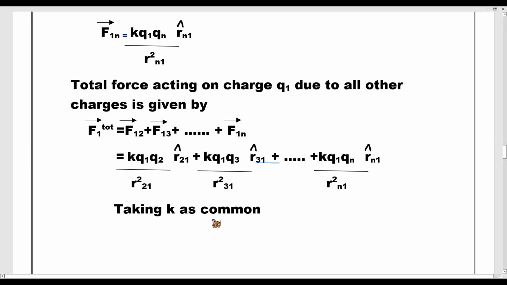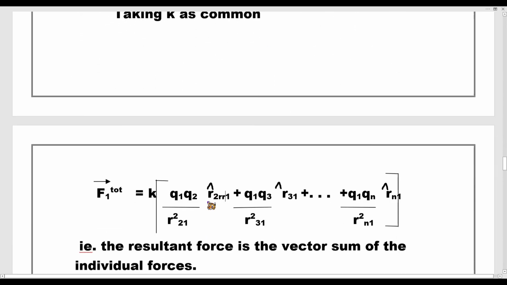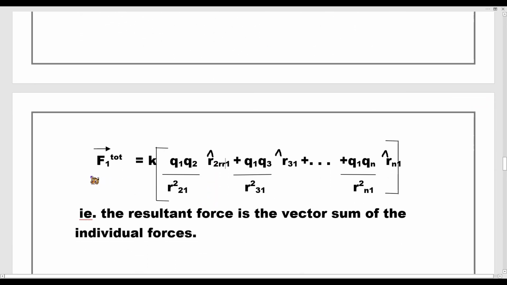Now we take K as common. So K into Q1 Q2 by R21 square R21 unit plus Q1 Q3 by R31 square R31 unit plus and so on up to Q1 Qn by Rn1 square into Rn1 unit.